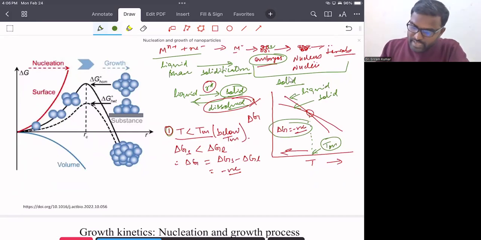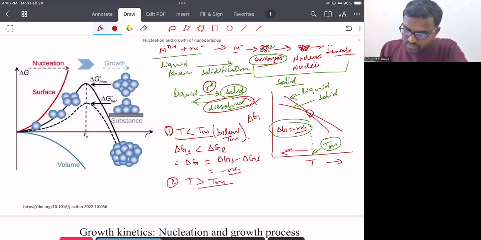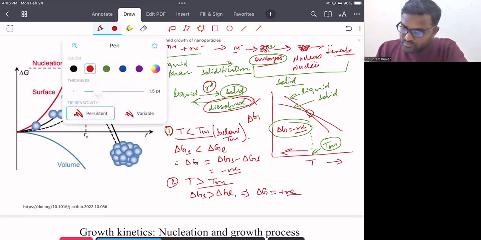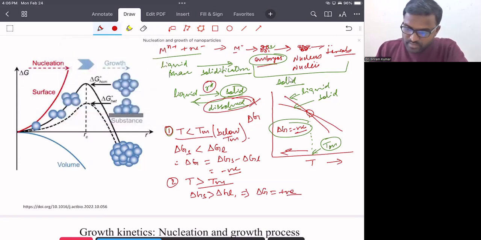And the second thing is, if the temperature is greater than Tm, then delta Gs is greater than delta Gl, and in this case delta G is positive. So delta G is negative below the melting point temperature, and above the melting point temperature delta G is positive, right?